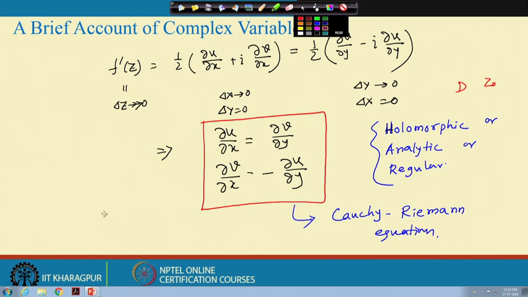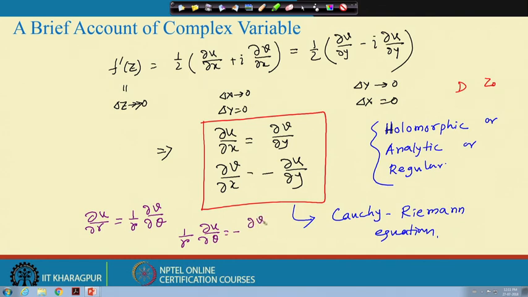The same Cauchy-Riemann equations will be: del u del r is equal to 1 by r del v del theta, that is the first equation, and the second one is 1 by r del u del theta is equal to minus del v del r.